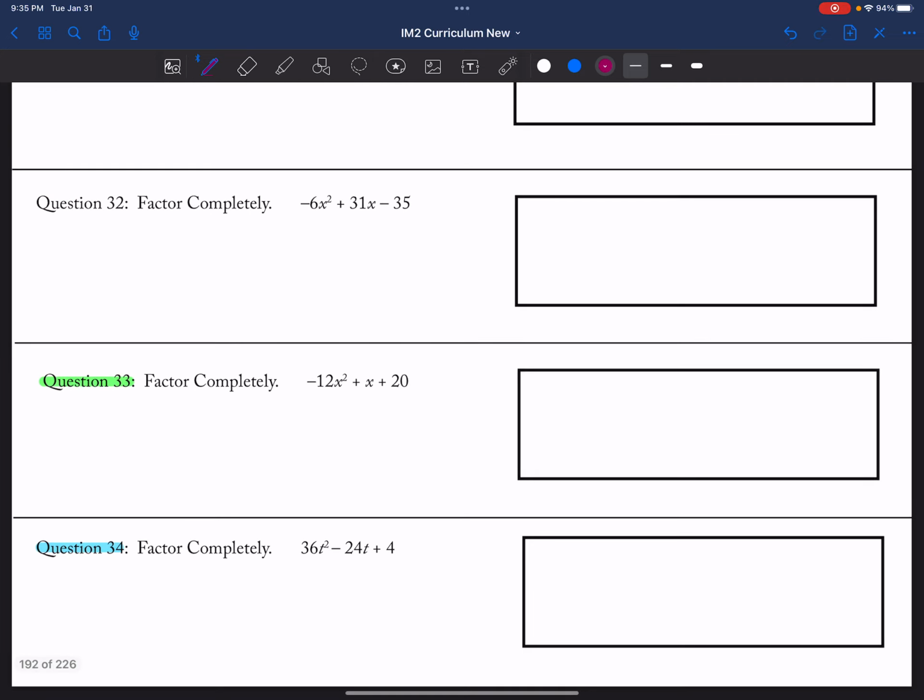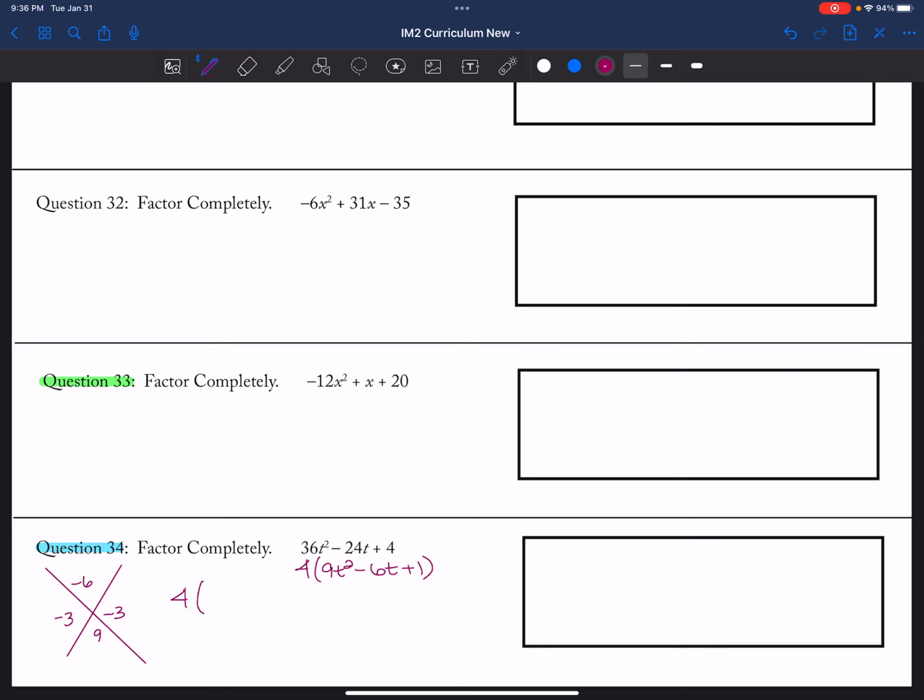Okay. And everybody's divisible by 4, so then that gives me a 9t squared minus 6t plus 1. So now I have a negative 6 on the top and a 9 on the bottom, so negative 3 and negative 3, so I have 4.